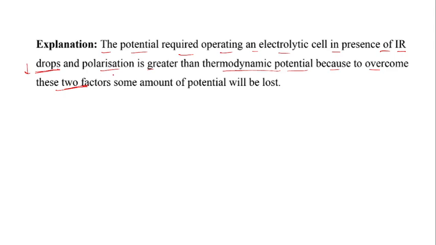So we need to complete the reaction, so we require a specific potential. To compensate for these phenomena, IR drop and polarization, we require higher potential. I think it is clear.